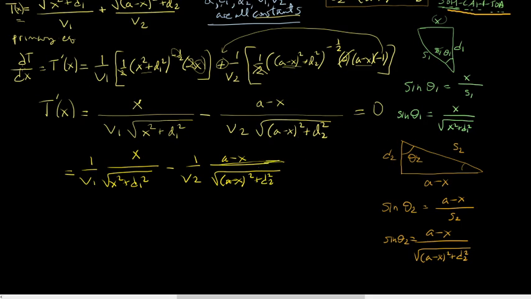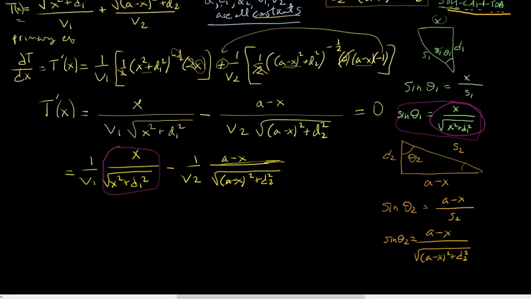In fact, hopefully you were way ahead of me here. Let's look at sine of theta 1. Sine of theta 1 is this quantity here. And this should look very familiar. This thing here looks an awful lot like this thing here. In fact, they're identical. They don't just look alike, they are the same thing.